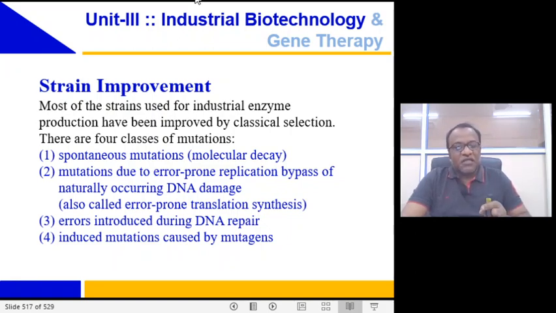So these are the important four classes of mutations by which strain improvement for industrial production of enzymes has been employed.